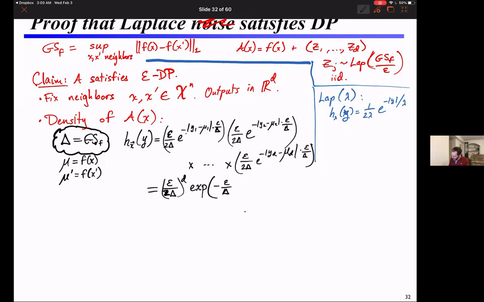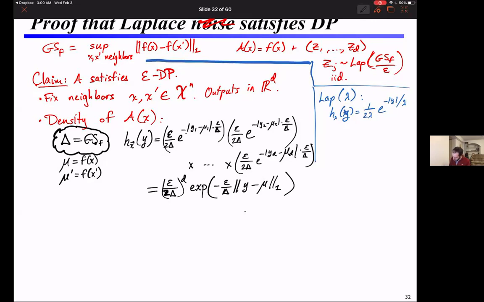And now I'm adding together all the exponents that I've got in my various terms. And this is a sum of absolute values, and so it's actually the L1 norm of a vector, right? It's the L1 norm of the vector y minus the vector mu. Okay. So this is a nice compact form for the density.